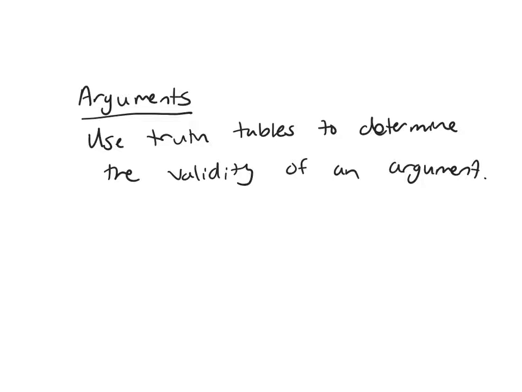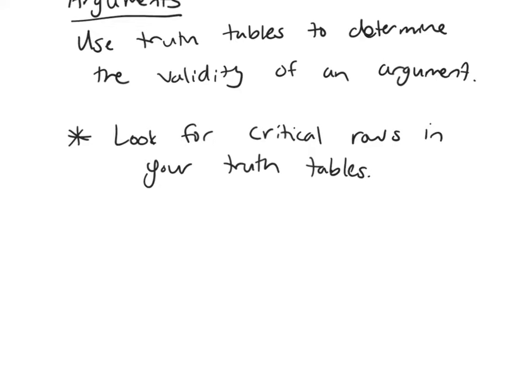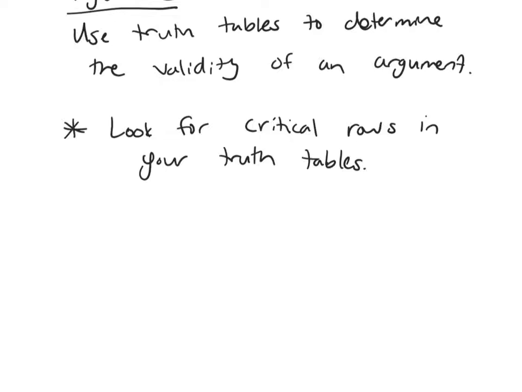So remember, when you're doing this, you need to look for critical rows in your truth tables. So we're going to look at a couple examples here.